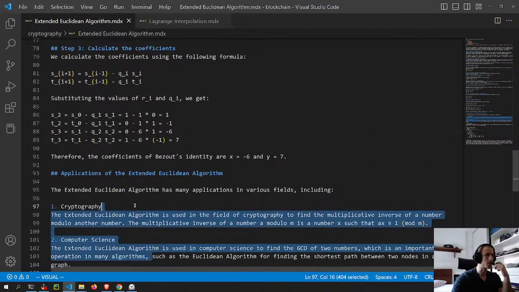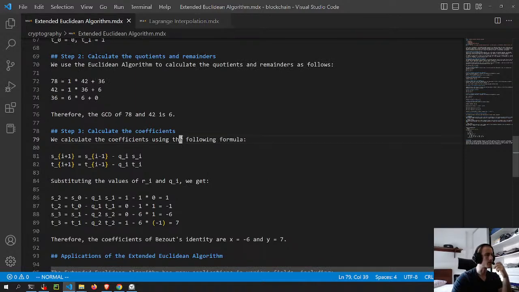So maybe I'll leave the applications here and then I'll just change this part here.